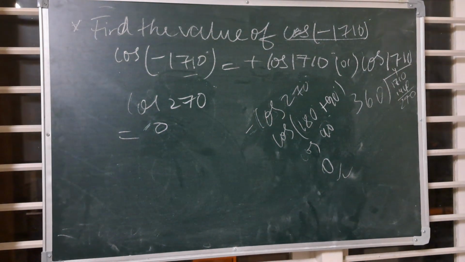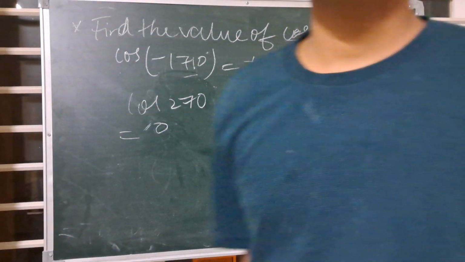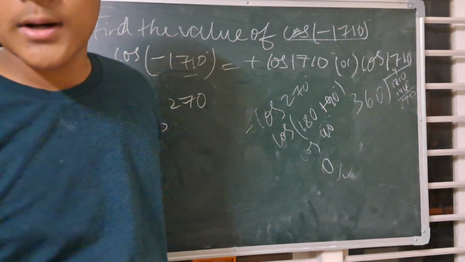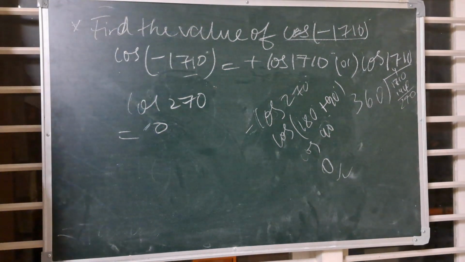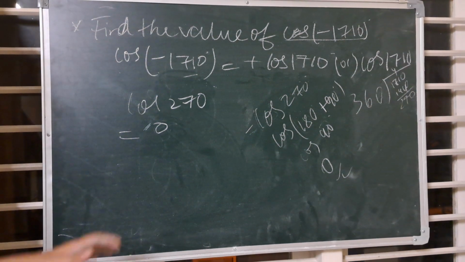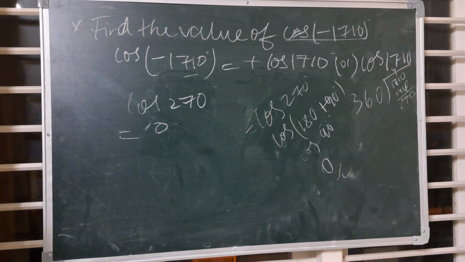This is actually an NCERT example problem, and the previous problem which we solved, cosecant of minus 1410, was also an NCERT 3.2 exercise problem. So this is the basics of exercise 3.2.